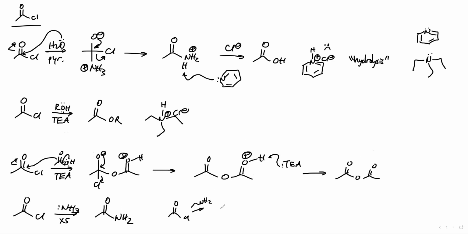So this was ammonia, but primary and secondary amines also react. And you'll notice that when they do, it's almost as if we're losing hydrogens. Right, this has 2, this has 1, this has 0, and this is ammonia, primary, secondary.